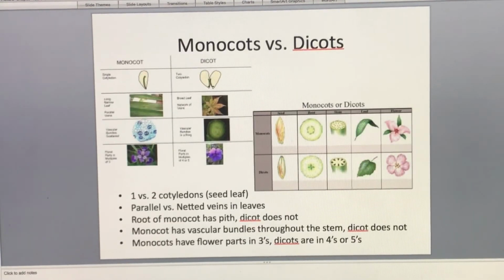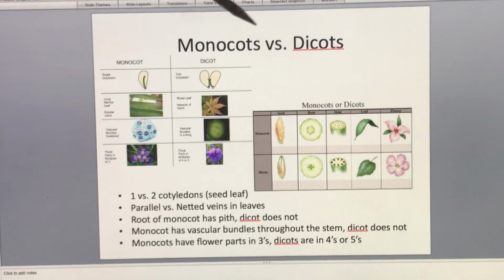All right, so another way of classifying plants is whether they're monocots or dicots. So we're going to look at some comparing and contrasting of monocots and dicots. I'm sure you remember, the prefix mono means one, and di means two.